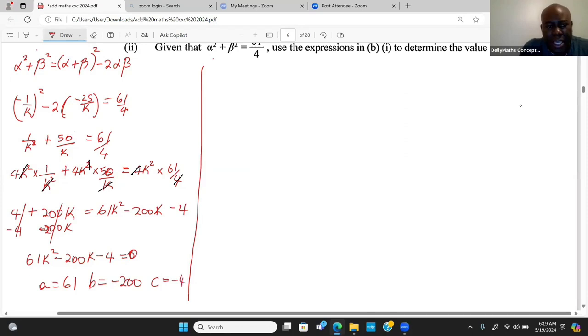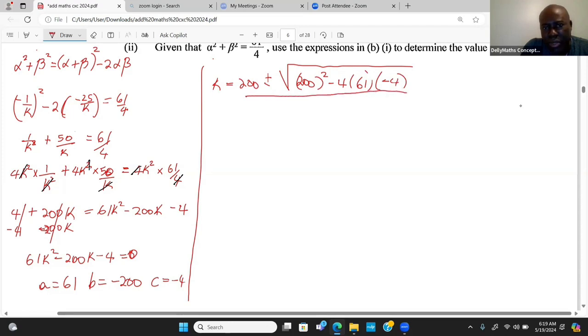In an effort to find k, k is going to equal the opposite of B, so it's going to be positive 200, plus or minus the square root of b squared, which is 200 squared, minus 4 times a, which is 61, times c, which is negative 4. All of this must be over 2 times a, which is 61. Let us keep going.